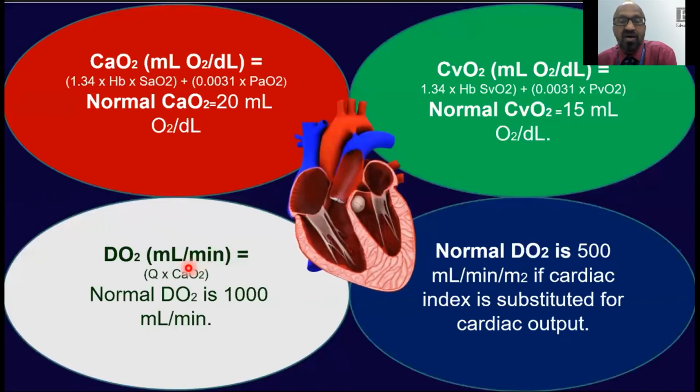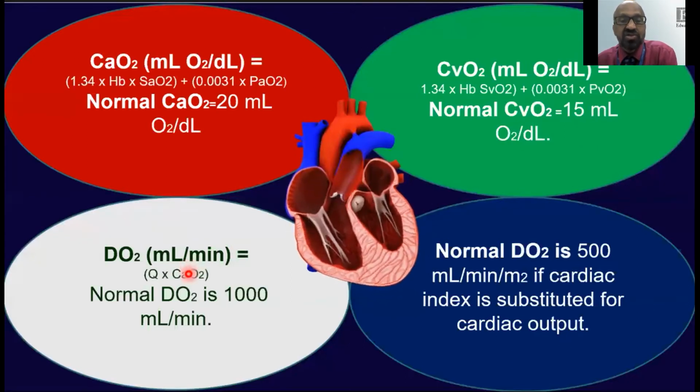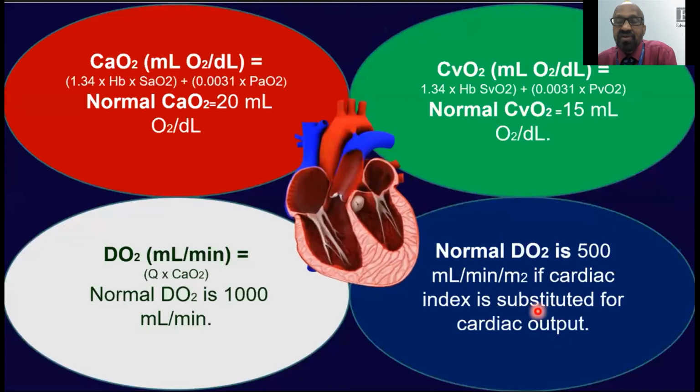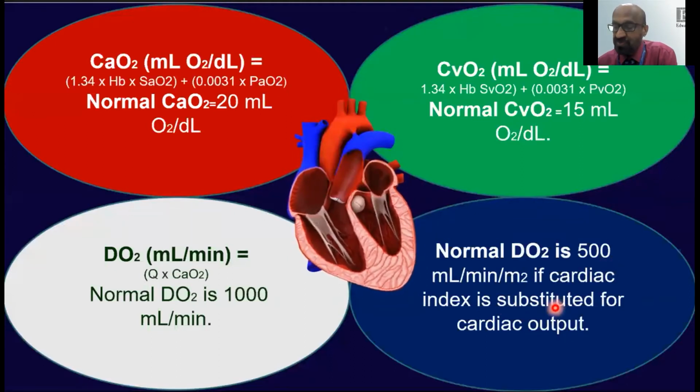Oxygen delivery is the amount of oxygen delivered to the tissues every minute, and it is the product of the cardiac output and the oxygen content, which equals about 1000 ml every minute. When expressed in terms of body surface area, it is about 500 ml per minute per meter squared of body surface area.